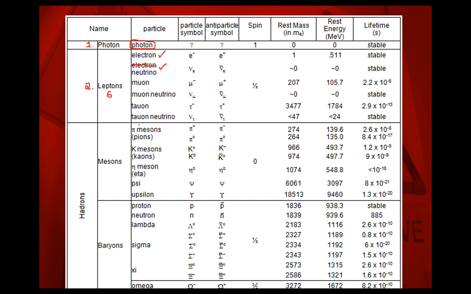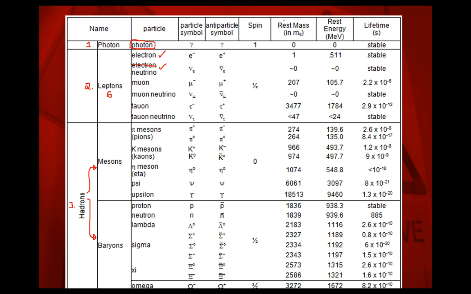Then we have family number 3, which is the hadrons. Now we're going to break them into subcategories in a moment. But your hadrons, again, are your heavier particles. In this family, we have our protons and our neutrons.